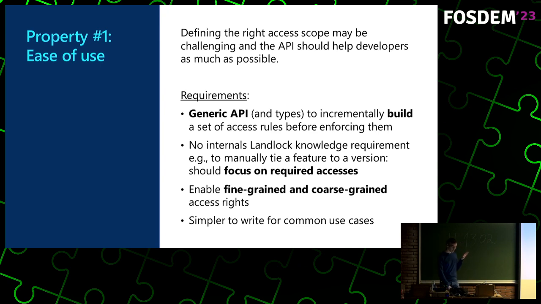And we want them to gradually go from a coarse-grained access restriction to a fine-grained one. We don't want them to need to implement fine-grained restrictions at first, because it might be difficult. In the same way that we can incrementally add new sets of features, we can also incrementally restrict more and more over time. So no need to be super strict at first. And it should be simpler to write for the common cases.